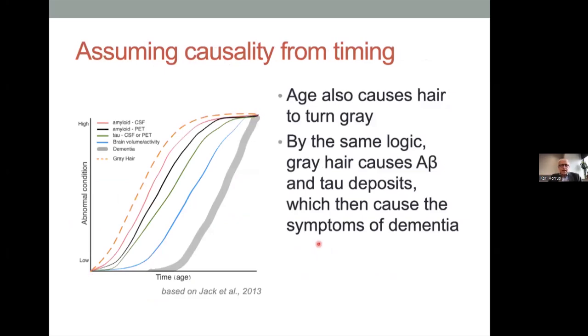And just to be a bit snarky, I would modify the graph to show that age also causes hair to turn gray.